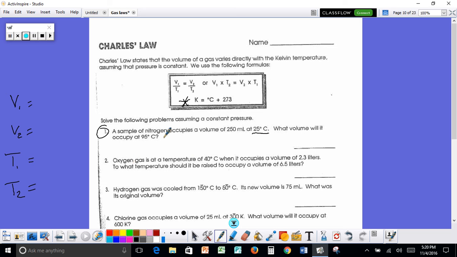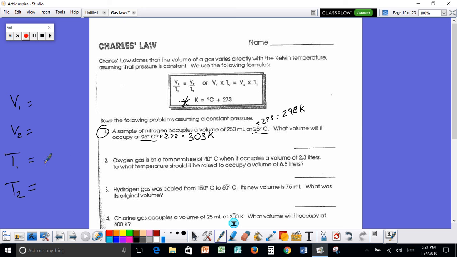Our temperature is in Celsius right now, so that's going to be 25 plus 273, which will give us a converted temperature of 298 Kelvin, and 95 plus 273 gives us a temperature of 303 Kelvin.